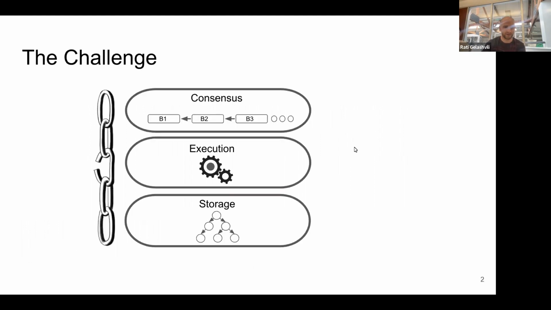So just a very high-level overview of things. As you all know, at least currently, the architecture of blockchains is a layered architecture. We have a consensus layer agreeing on the block of things. We have execution, and we have some storage or authenticated storage.